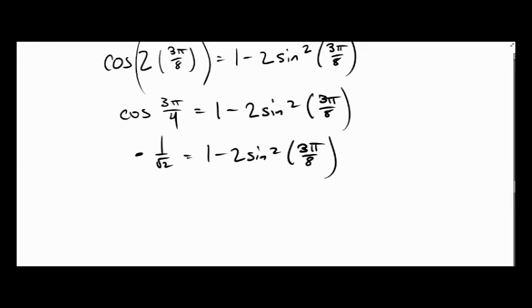Also, you can't do 1 minus 2 because of BEDMAS, right? Because that's 2 times sine. You can't subtract those, but... Could move the 1 over. Nice. So let's start doing that. Negative 1 over root 2 minus 1 equals negative 2 sine squared 3 pi over 8.